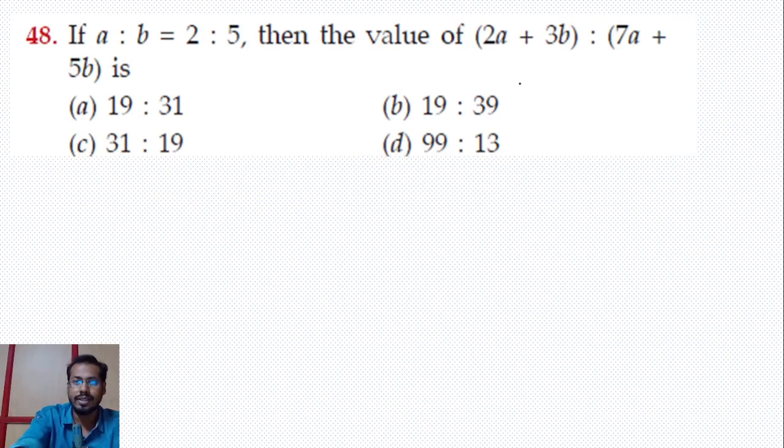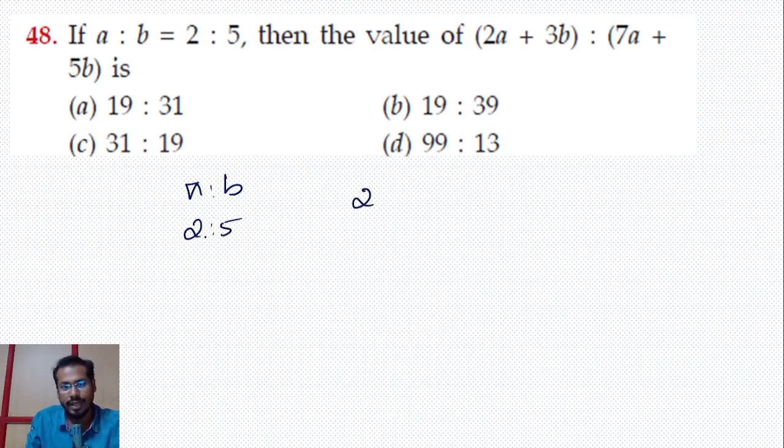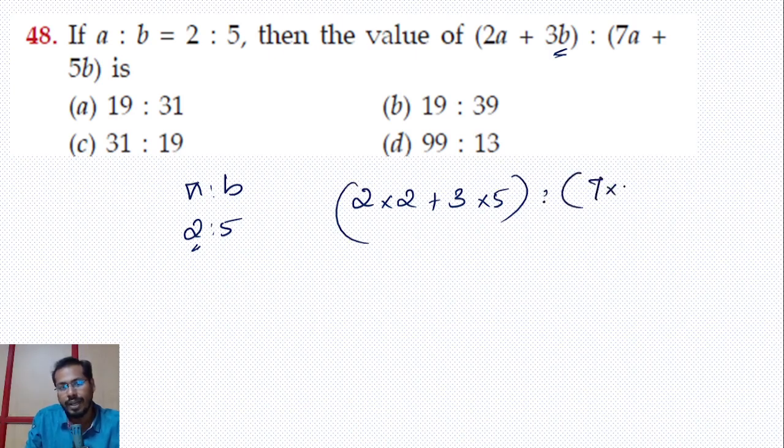Right, next question. A is to B. Very simple, guys. Actually, ratio and proportion, if you understand the concept, it will be very easy. So A is 2, I will write 2 into 2 plus 3 times B, B is 5, into 5. Then 7 into A is 2 plus 5 into B is 5.